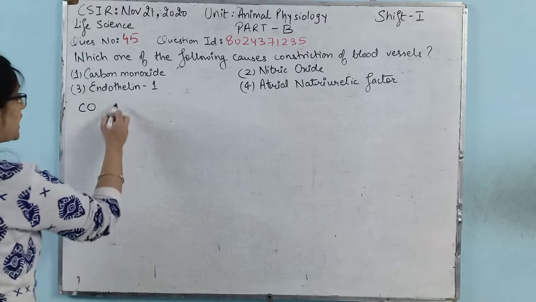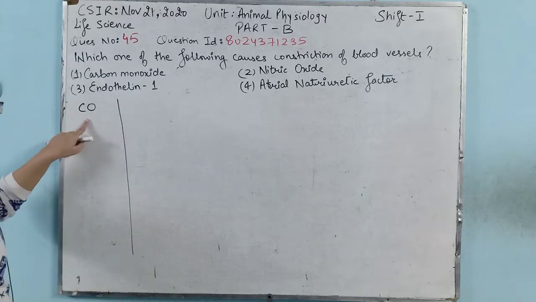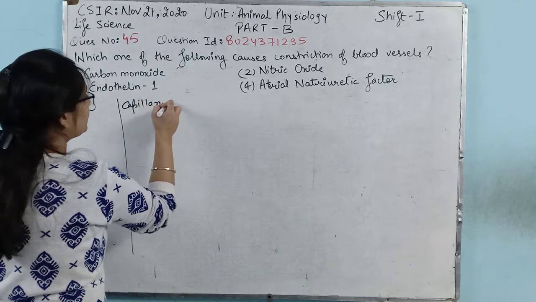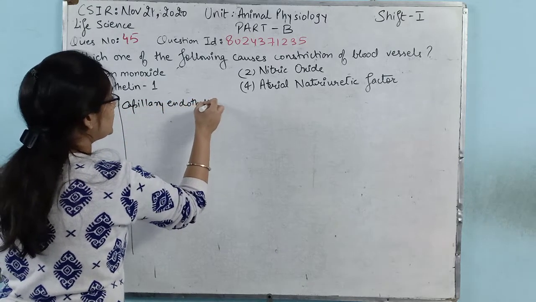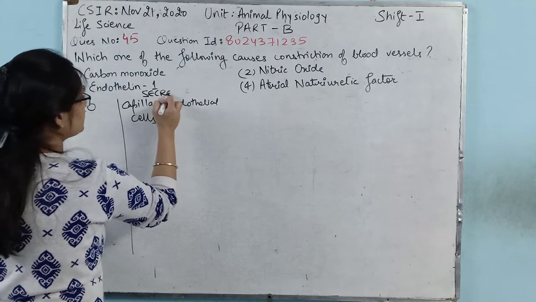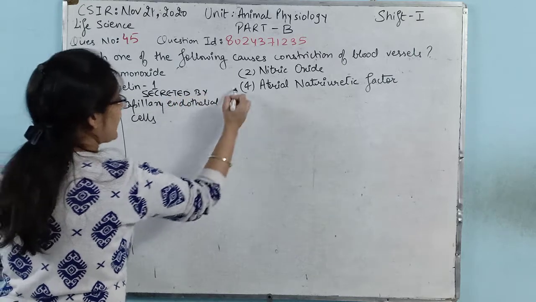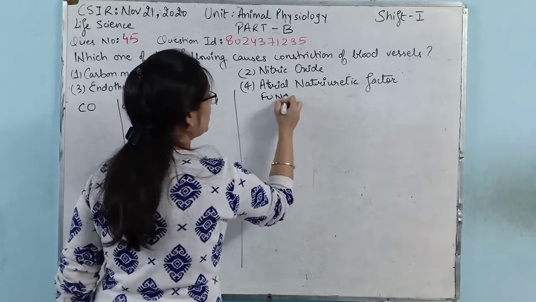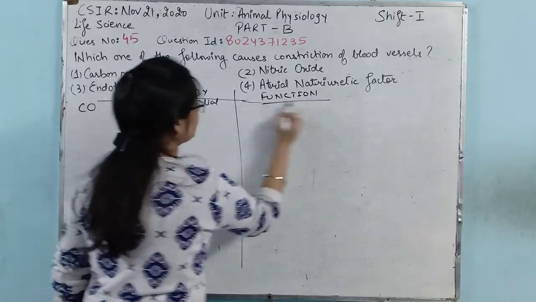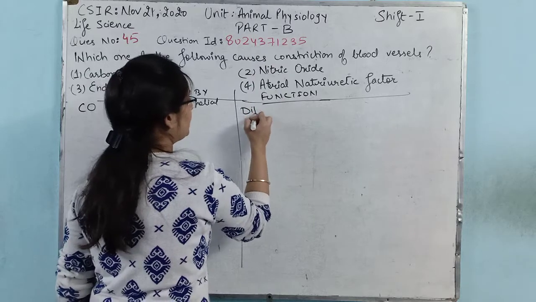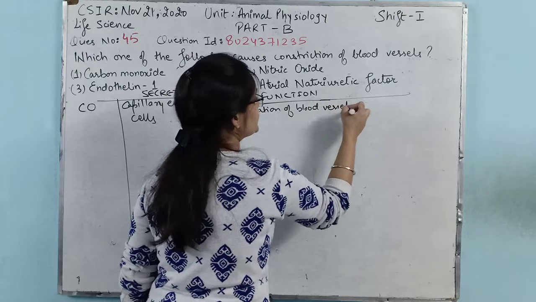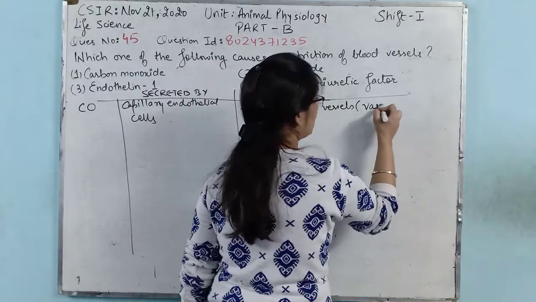First of all, carbon monoxide. This is the one which is secreted by capillary endothelial cells and their function is that they cause dilation of blood vessels, that is, they are vasodilators.